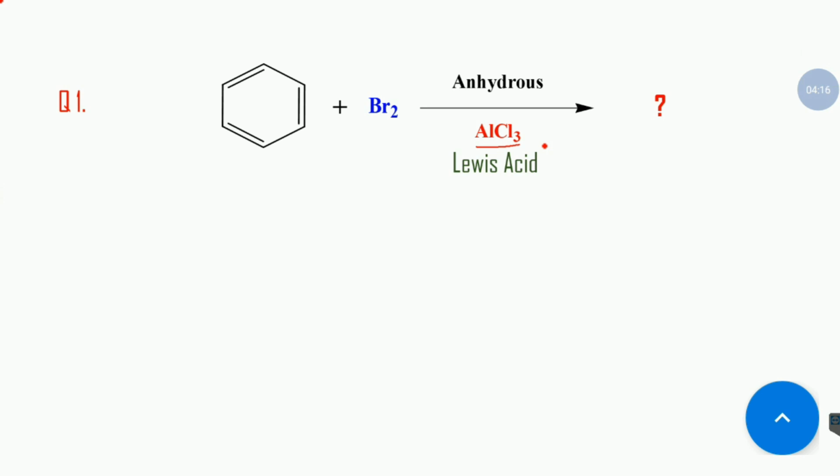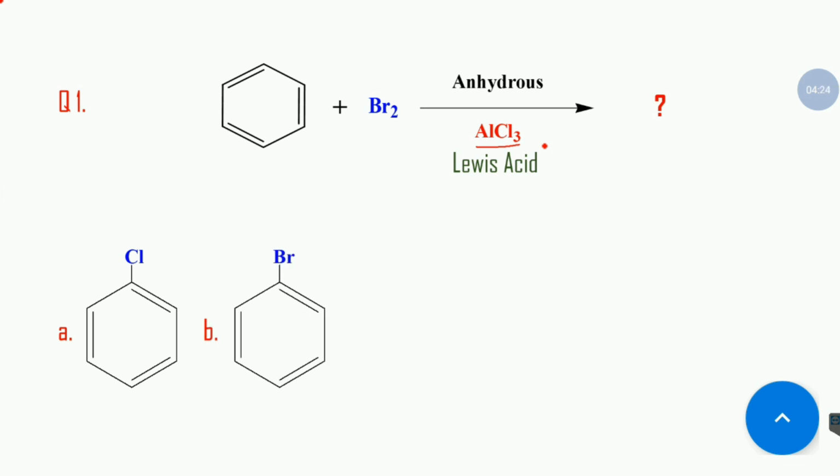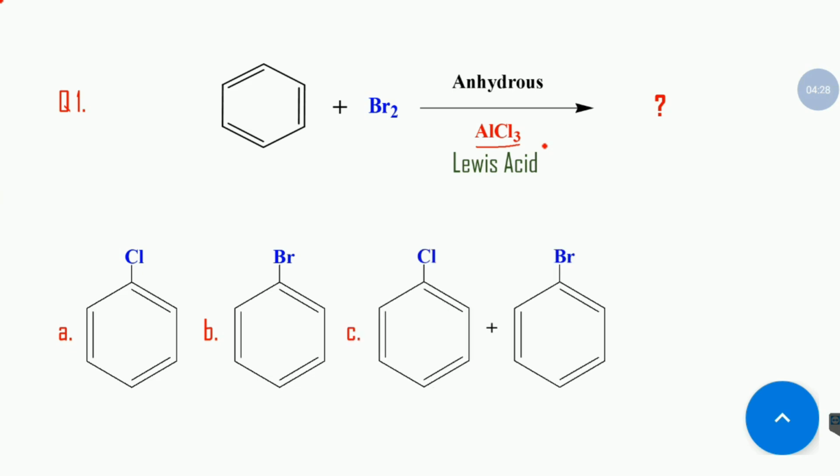So we have four options. Option A, we get chlorobenzene. Option B, we get bromobenzene. Option C, we get both chlorobenzene as well as bromobenzene. And option D, none of these, which means this reaction doesn't take place.